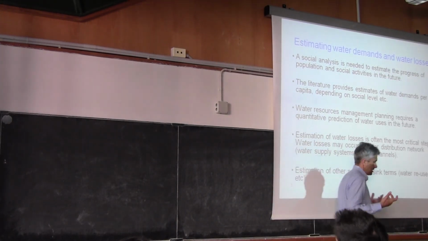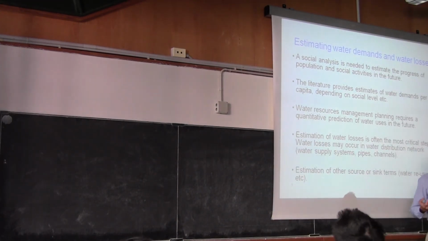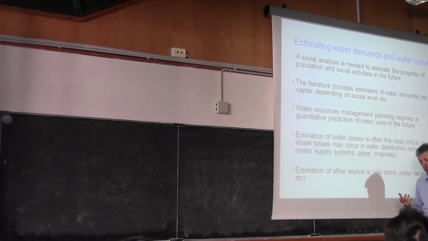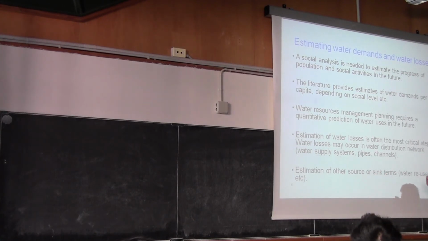Especially because you should do everything in a transparent way. So to explain to people that your guess for water losses is about 30%, of course, these people want to see data, not just guesses. And then you have to estimate the potential for other sources or sinks, like water reuse, etc.